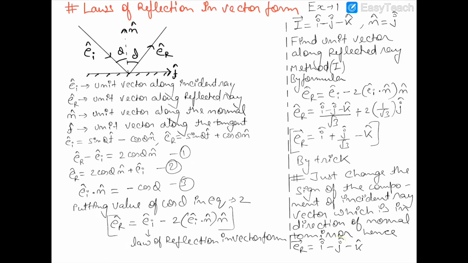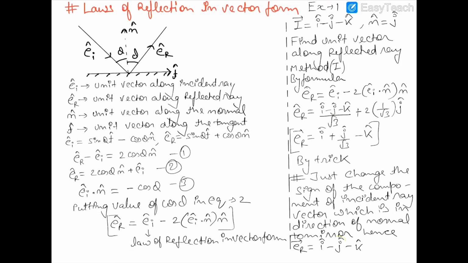It is not a unit vector, so we have to convert that into a unit vector, and therefore we have to divide that vector with its magnitude, and the magnitude of this vector is root 3. So EI cap will be equal to i cap minus j cap minus k cap upon root 3.